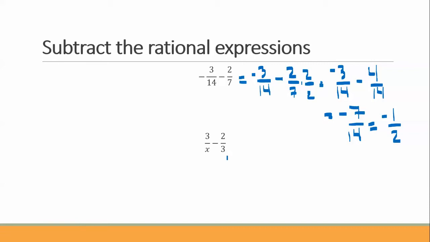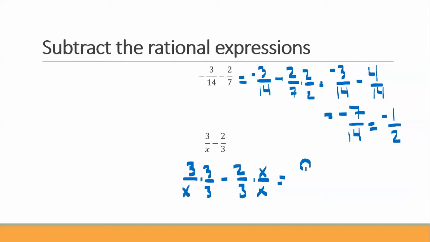Now this problem, remember we had to divide this fraction into 3's and this fraction into x's. So we're going to have 3 over x times 3 over 3 minus 2/3 times x over x.